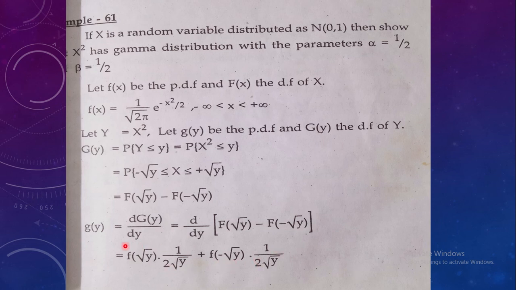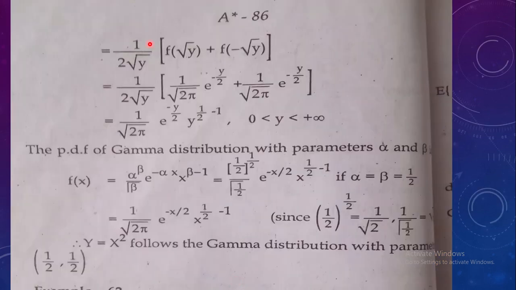Please always keep in mind that small f of x and capital F of x are both different, the meaning is different. The next step is: I take the 1 by 2 root y outside, and inside I give f of root y. Instead of f of root y, I write 1 by root 2 pi e raised to minus y by 2.